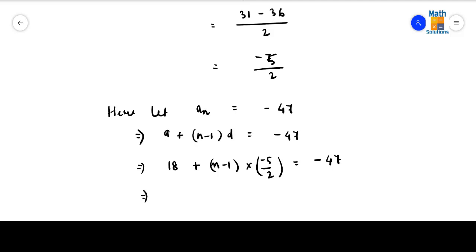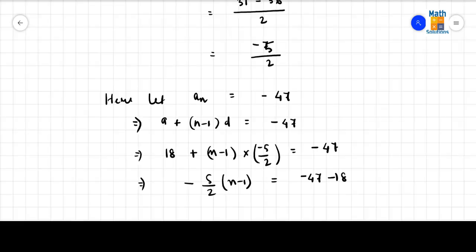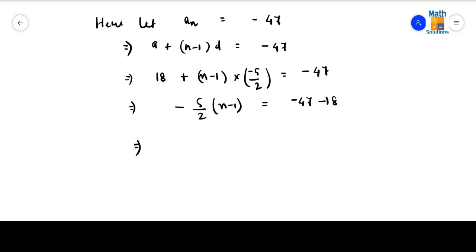So what do I get? Minus 5 by 2 within bracket n minus 1 is equal to minus 47 minus 18. The result will come as minus 5 by 2 into n minus 1 is equal to minus 65. So minus minus on both sides got cancelled, and I get n minus 1 is equal to 65 into 2 by 5.